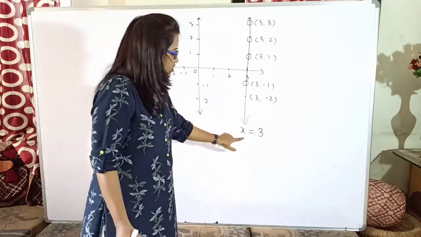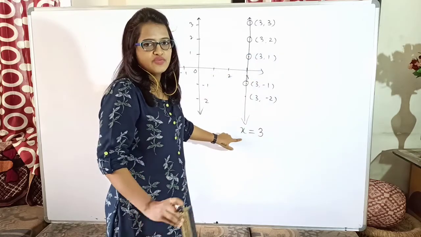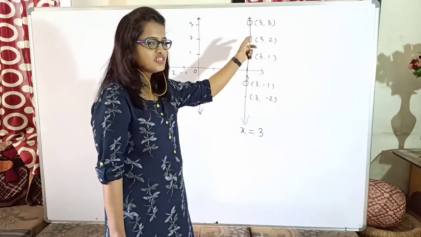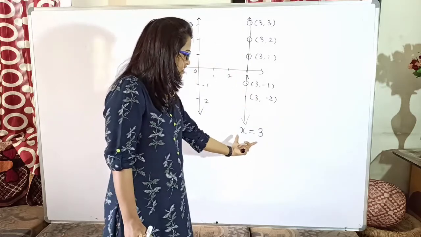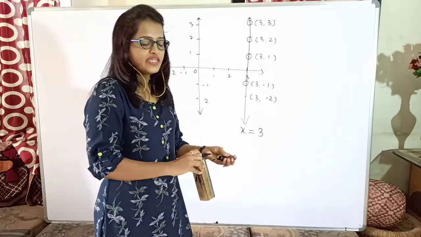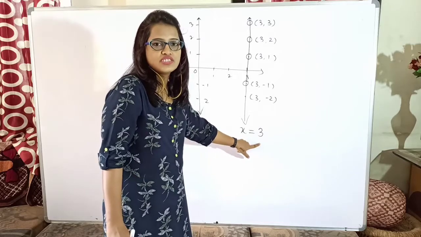Because for all the points on this line, the x coordinate remains same. X will always remain 3. So we are not concerned about the y values. If it is said that the equation is x is equal to 3, directly you have to draw the line parallel to the y axis, and it should be passing through x is equal to 3.